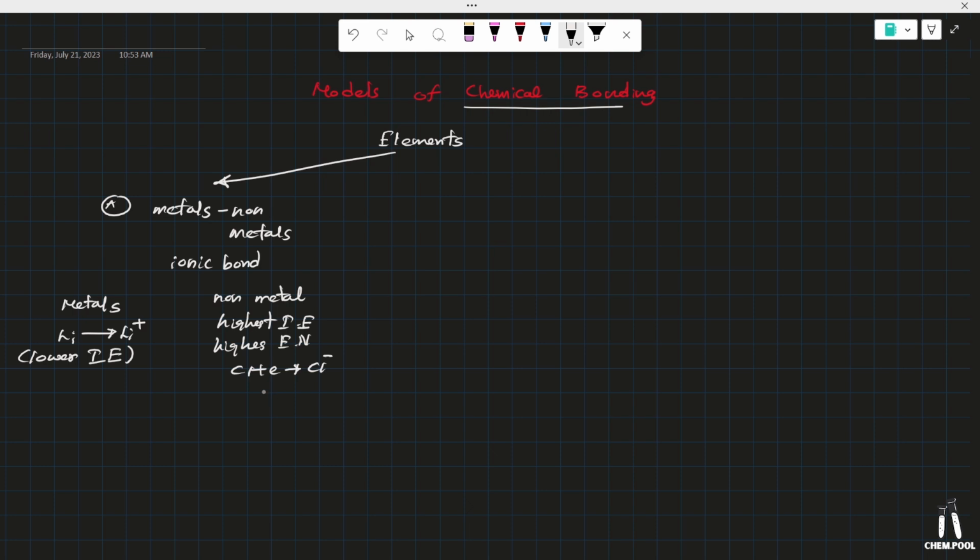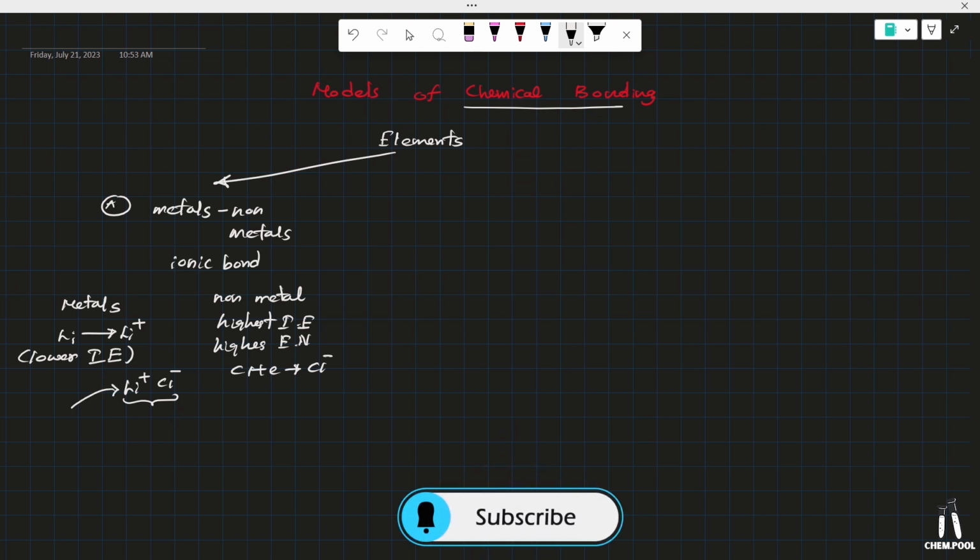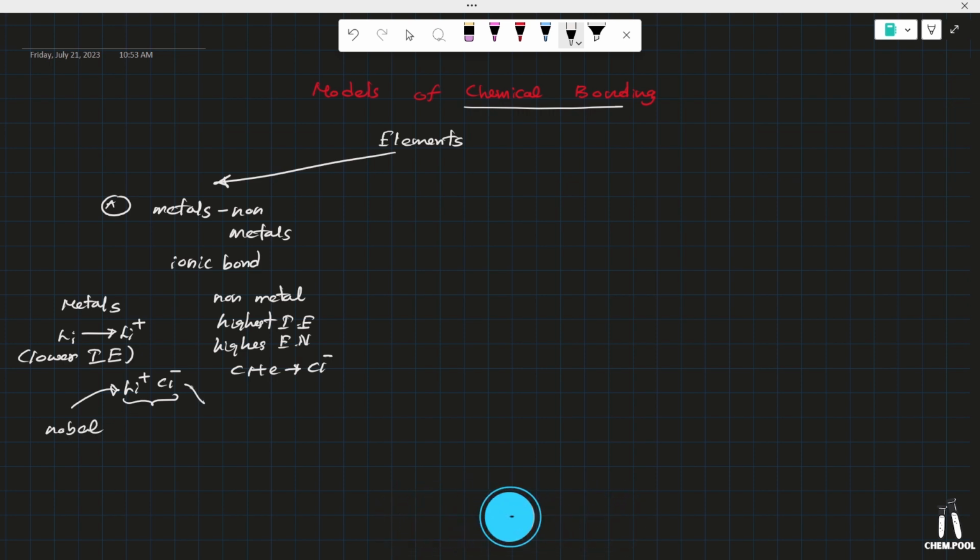Therefore, lithium plus and chloride combine each other to form lithium chloride. These are ionic bonds, right? Both have got the noble gas configuration, this one and this one also, right?